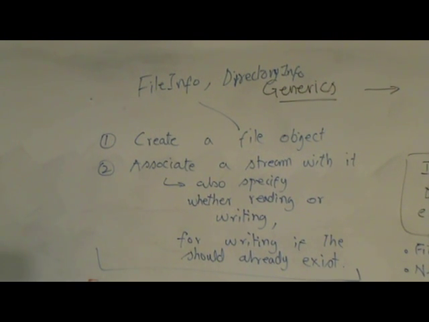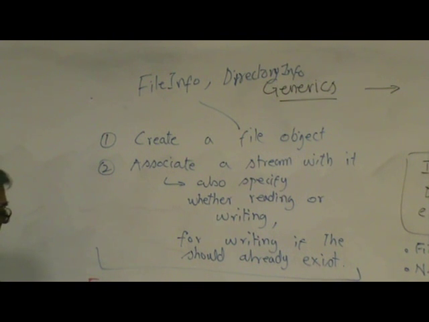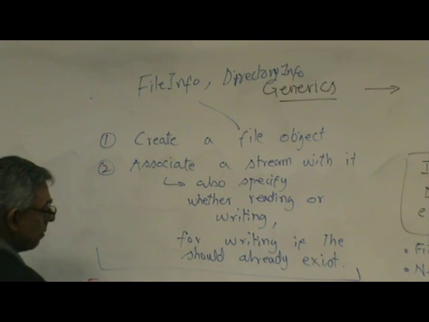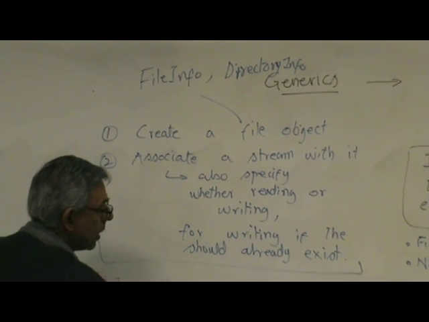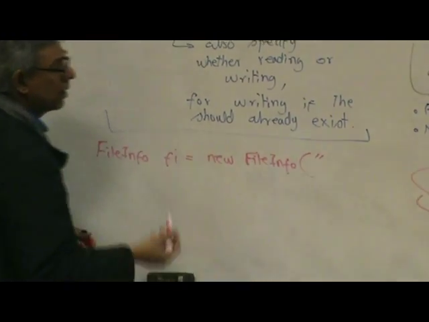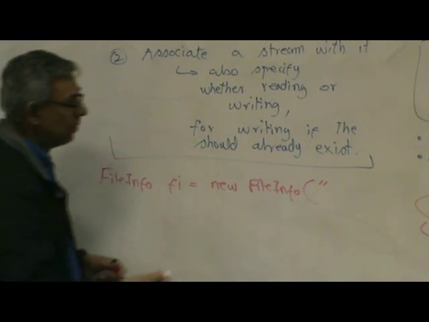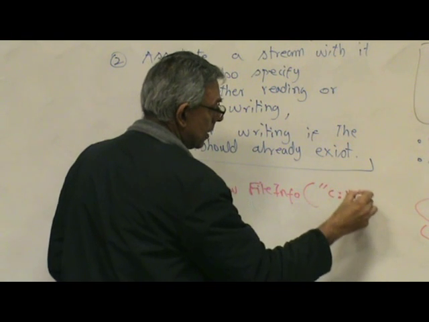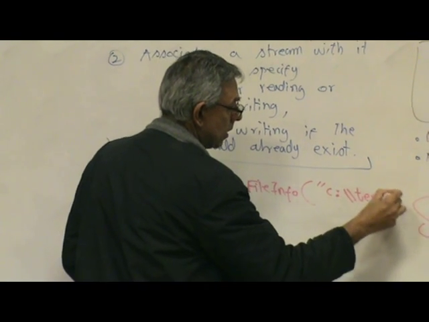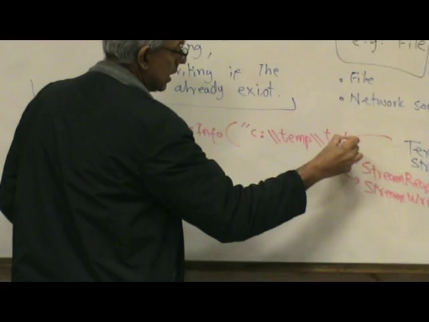So you will say, for example, FileInfo fi equal to new FileInfo, and then in the constructor you will specify the file name. For example, let's say c:\\temp\\t1.txt.